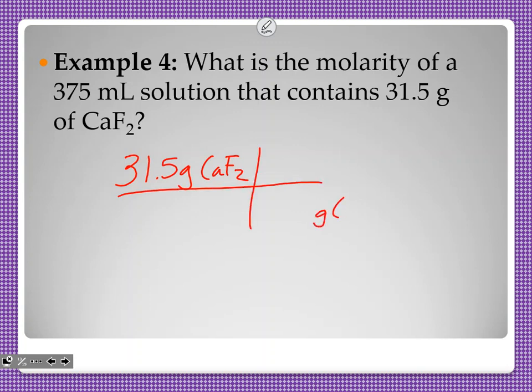We diagonal down our grams, and we're going to go to moles. And we already calculated this molar mass, right? So we already know this one. It's 78.08, yep. All right, so we're going to change that to moles. But I'm going to also deal with my volume here. How many milliliters equals 1 liter?